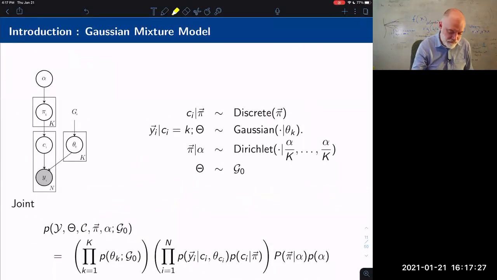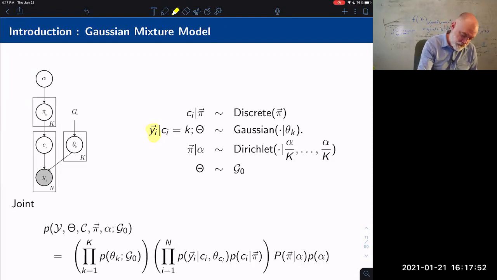We talked about this before. This is the graphical model for a Gaussian mixture model. I used x's instead of y's, I apologize. So here's what we observe. We observe the y's. We don't know the class labels. I used the z in the previous slide, but same model.